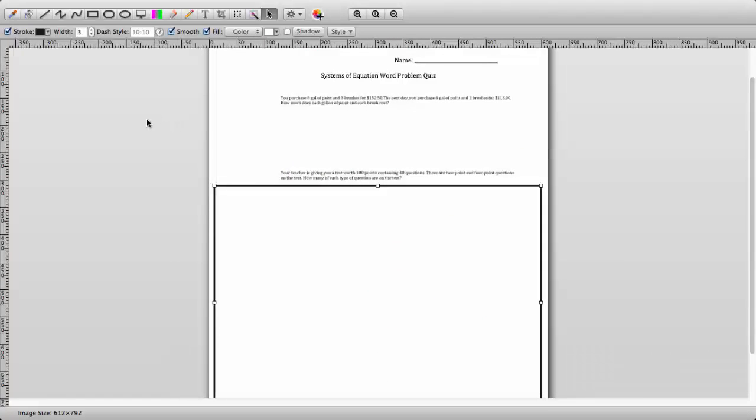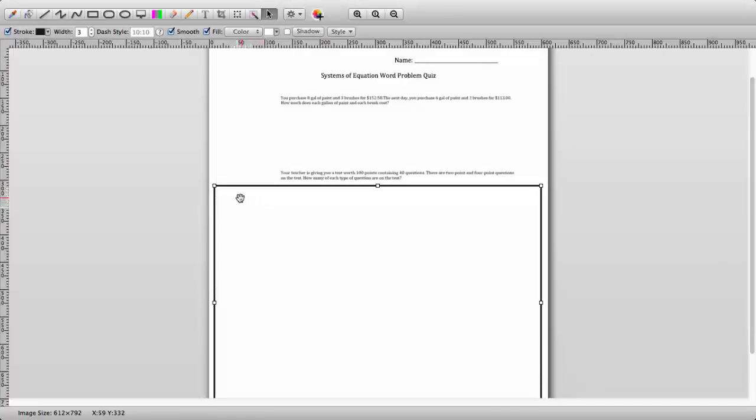Now looking at problem number 2. The question sentence says, how many of each type of question are on the test? So we're looking for how many of each type. What are the types of questions? 2-point and 4-point questions.